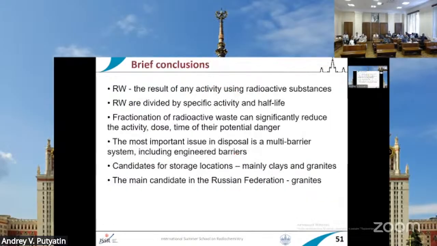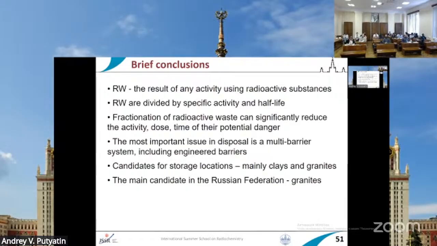So again, brief conclusions. Radioactive waste is the result of any activity with radioactive materials. Radioactive waste can be classified or sorted by specific activity and half-life, and further sorted by aggregate state and by technological processes. Fractionation or sorting of this radioactive waste can significantly reduce the cost of processing, the treatment, the activity of the radioactive waste, and the time of the potential danger.